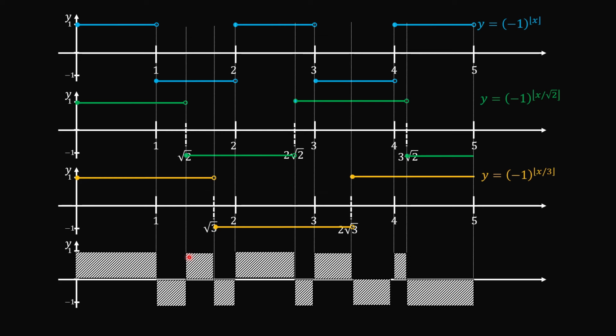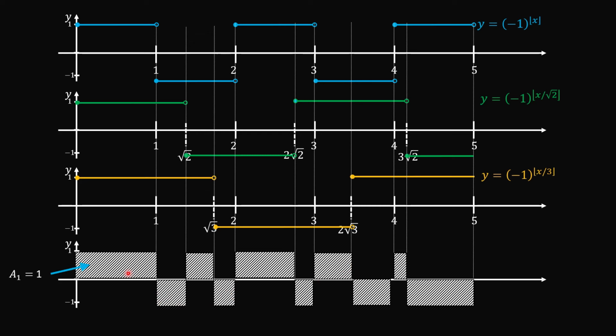And so if we say this is area 1, area 2, area 3, area 4, area 5, area 6, area 7, area 8, area 9, area 10, the areas below the x-axis are going to be negative. The ones above will be positive.